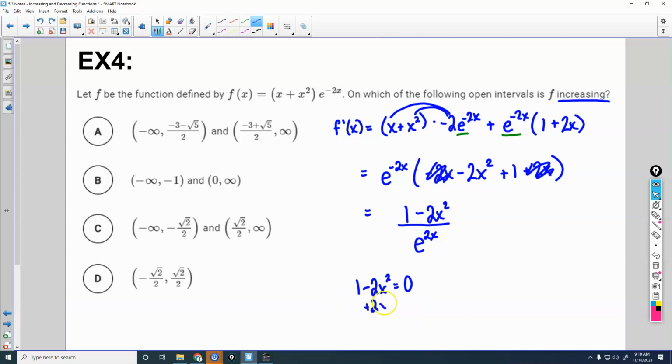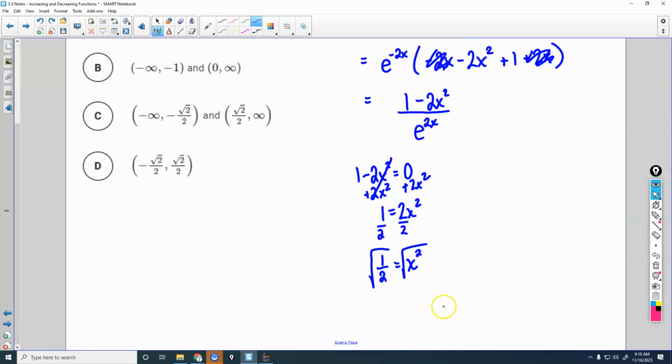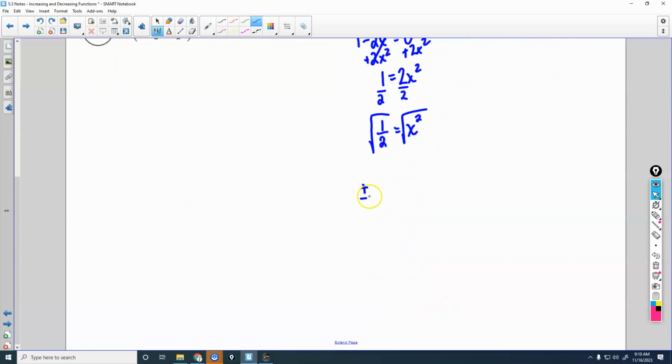So I'm going to add that 2x squared to move it over here. 1 equals 2x squared. I'm going to divide by 2. So I got 1/2 equals x squared. Then what do I have to do? Square root. So I will get plus or minus the square root of 1/2.